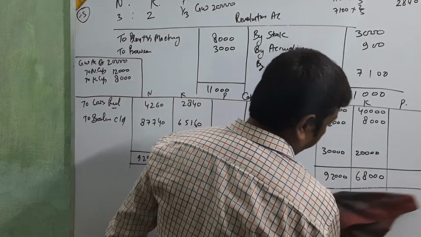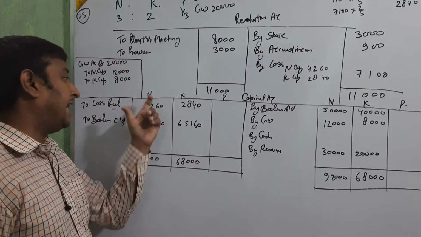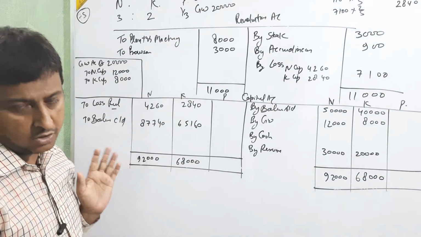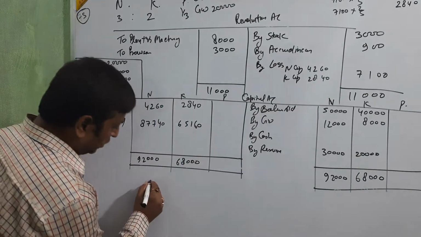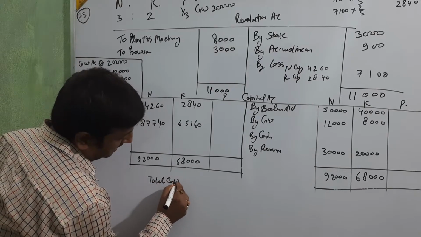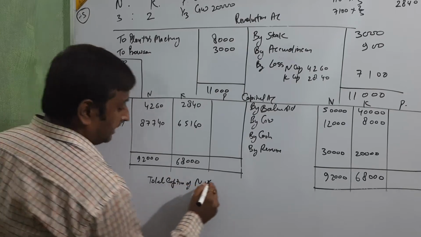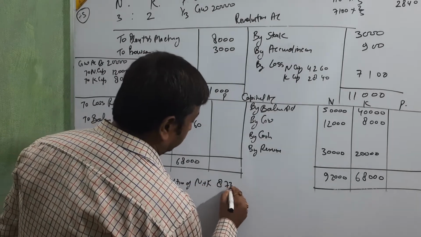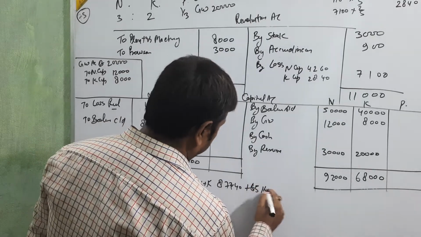This is the capital of N and K. So just calculate the total capital of N and K. That amount is 87,740 plus 65,160.